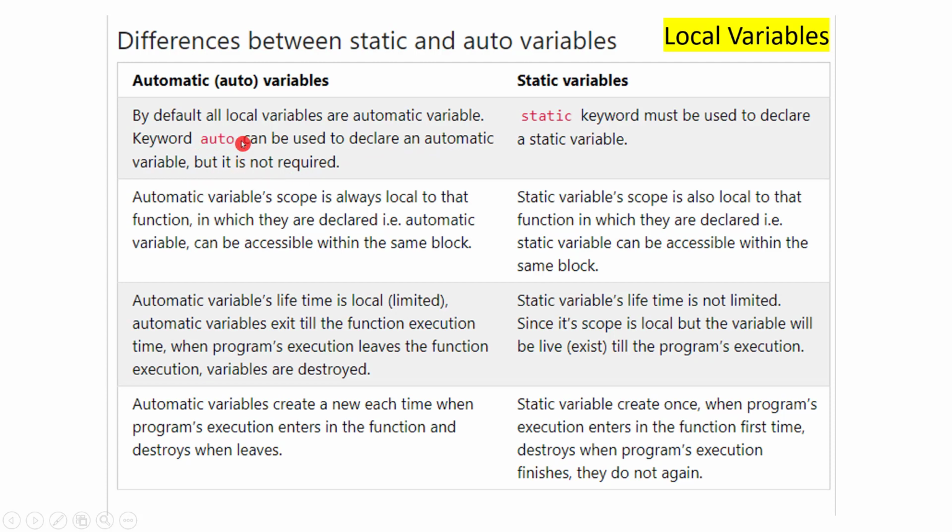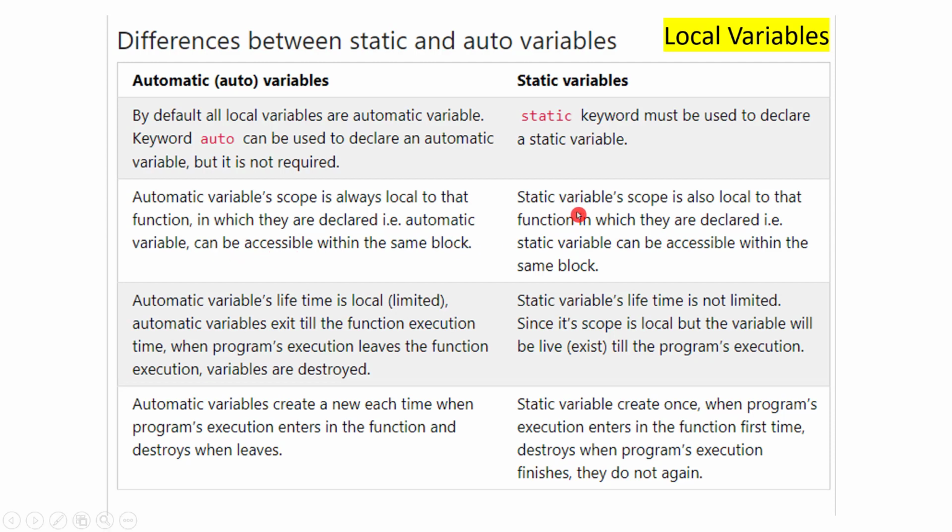It's understood by the compiler. Static keyword must be used to declare a static variable. Automatic variable scope is always local to that function in which they are declared. That is, automatic variable can be accessible within the same block.